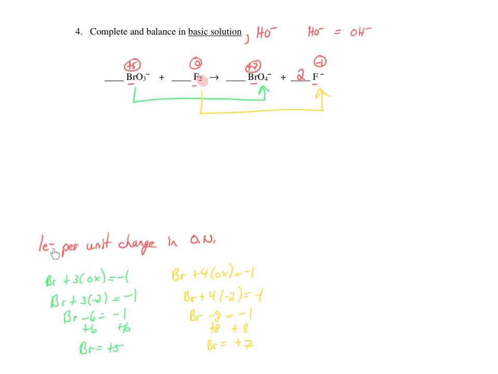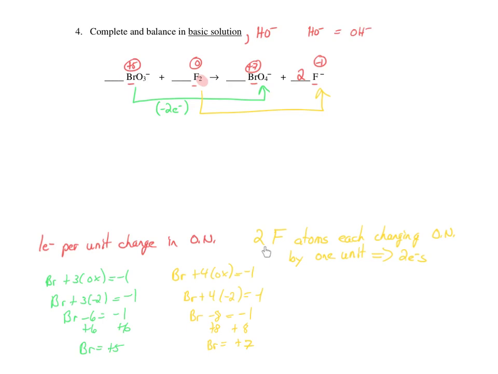All right, so again, our rule is 1 electron per unit change in oxidation number. So we'll start by looking at bromine. Bromine goes from +5 up to +7. That's 2 units change of oxidation number. That's an oxidation by 2 electrons. We look at fluorine.